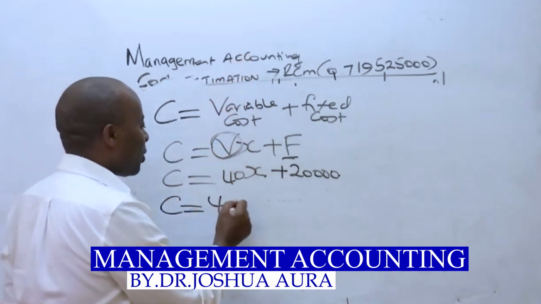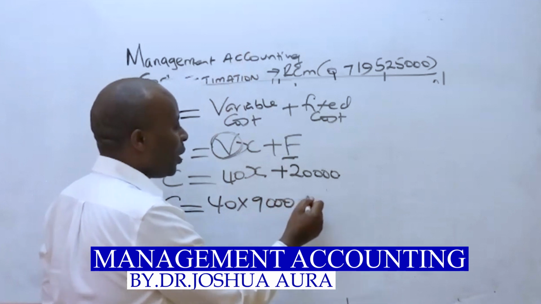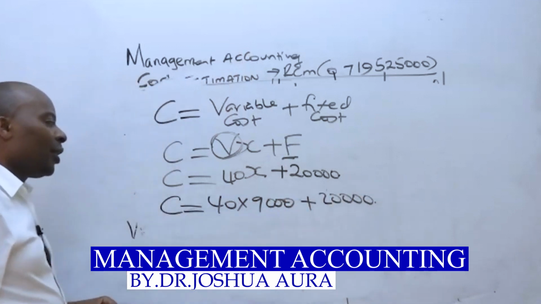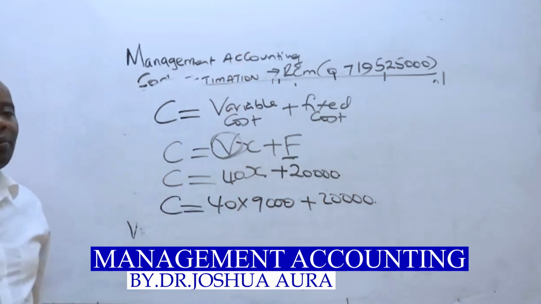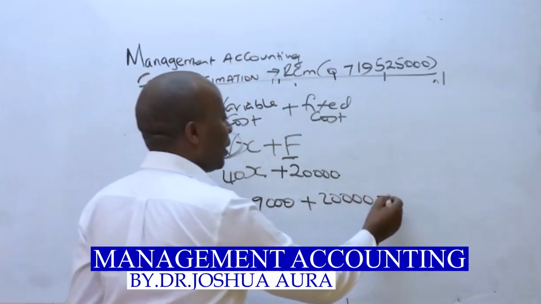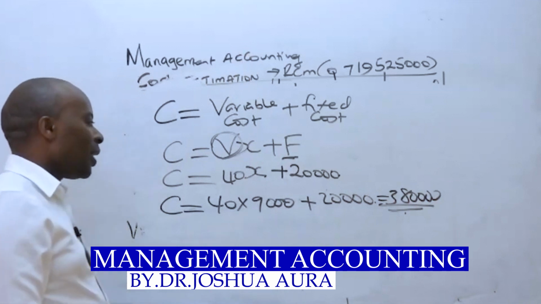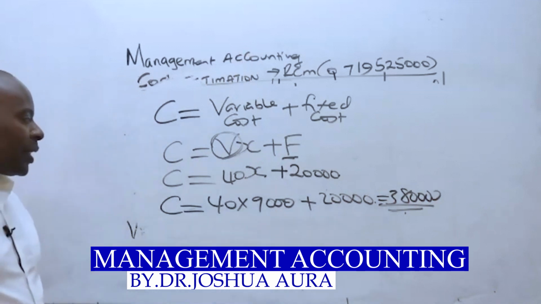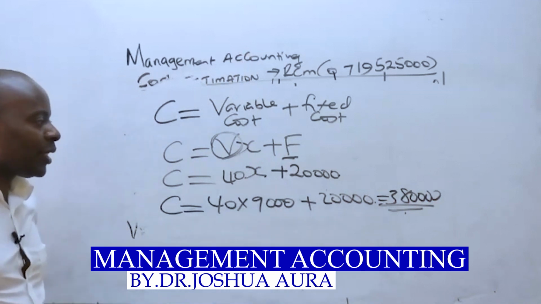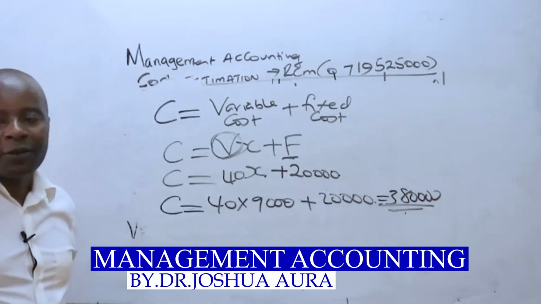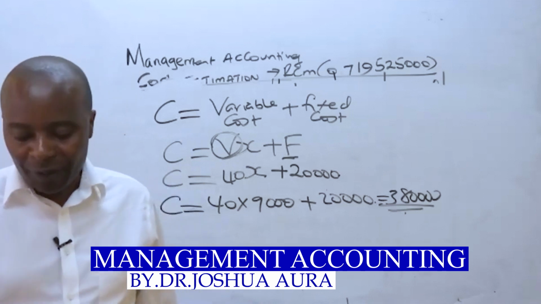So in this case, my C will be 40 times 9,000 plus 20,000. Could you kindly give me this figure? 380,000. That is the proper parameter. 380,000 is the total cost that you've been able to estimate.